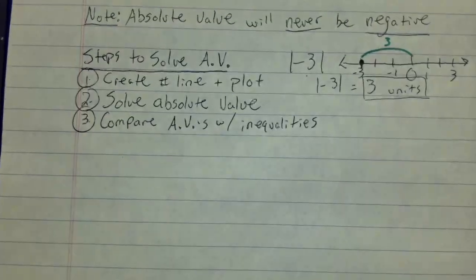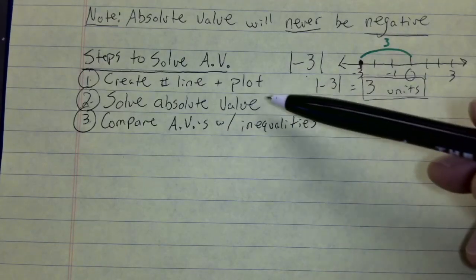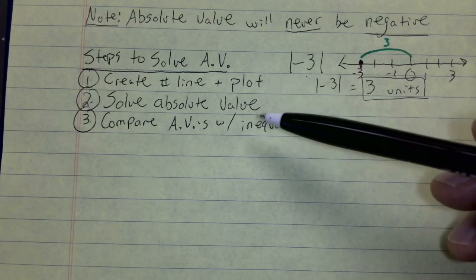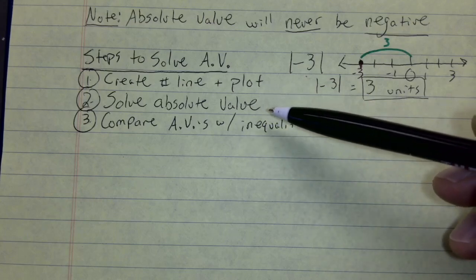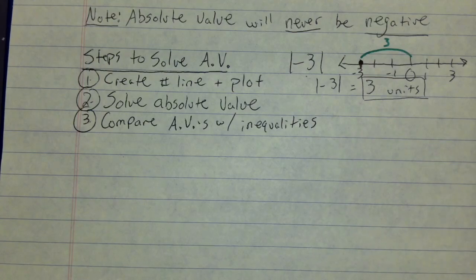All right, that's it. So step 1 is create your number line and plot your integer or rational number. Step 2 is solve your absolute value, just like what we did here. And step 3 is just compare your AVs with inequalities. That's it. Let's see what this looks like.